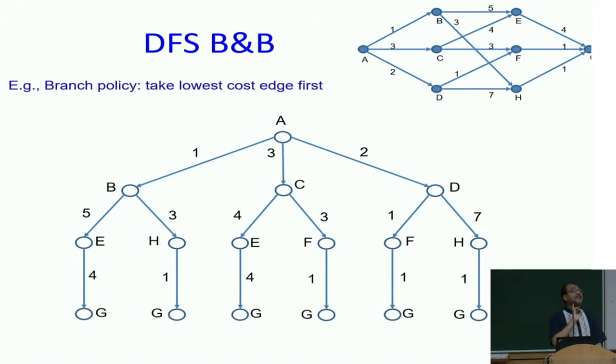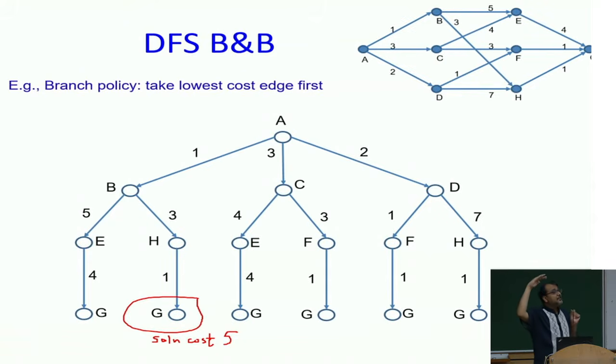But as soon as I find a path to a goal, I can look at the cost. The cost here is 5, and I can update my upper bound. Initially I thought my cost to the goal is less than or equal to infinity.